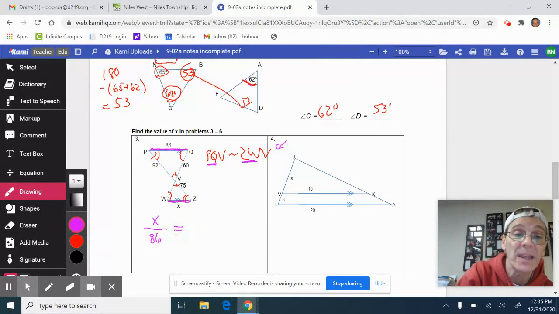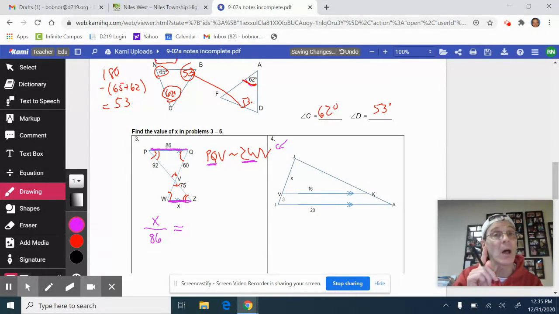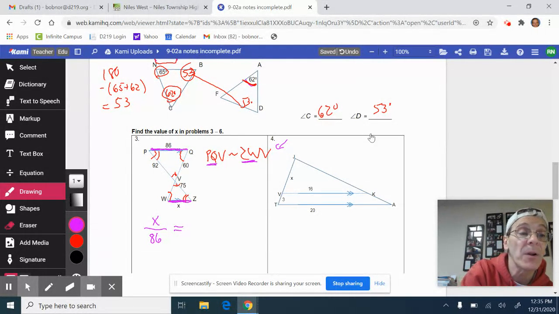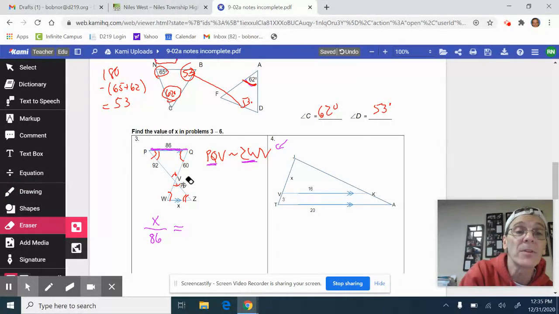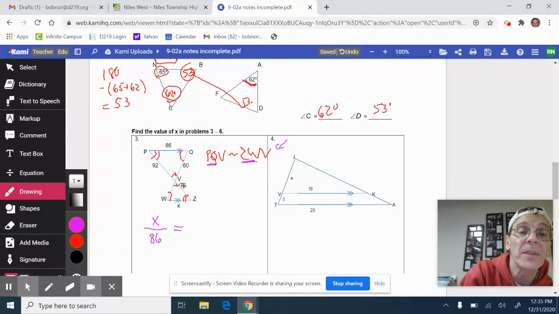X corresponds to the 86. But here's what a lot of people will get wrong if you're not careful about the triangle names. I only have one other segment from the small triangle where the X is, and that's the 75. Let me highlight that. Now, which segment from the big triangle does that 75 correspond to?